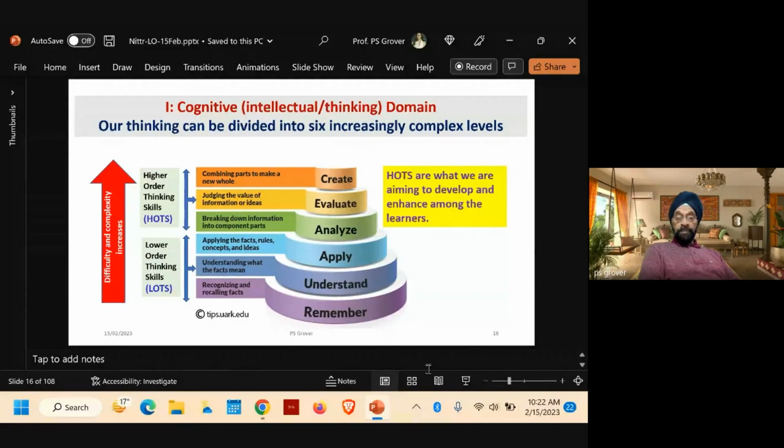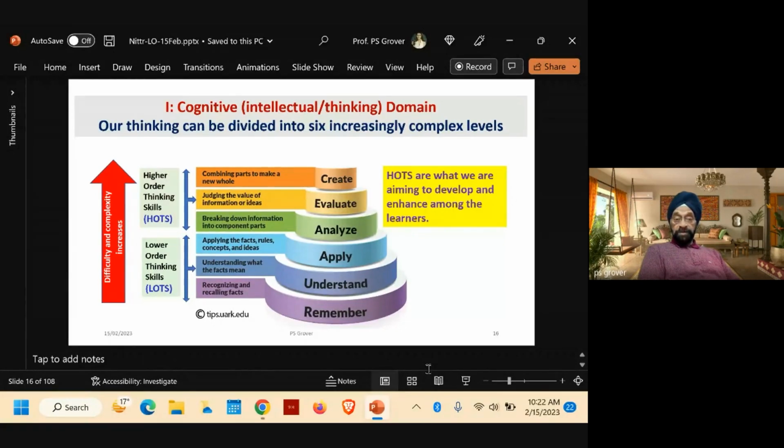So the goal, in order to improve things, is that we focus on those aspects of student learning where his brain is challenged more and more, which means he is developing the capability of not only applying what he has learned, but also analyzing things.